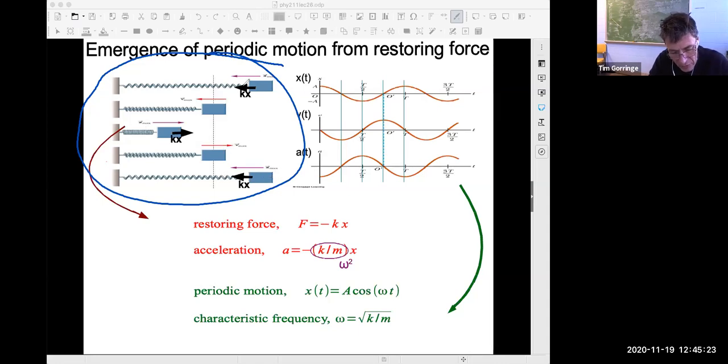That's a picture of the simple harmonic motion that emerges from the linear restoring force.